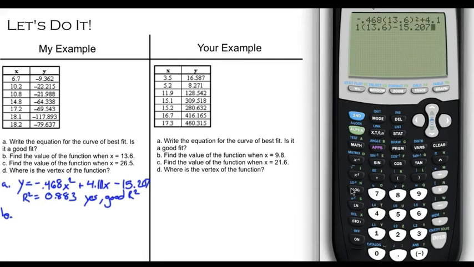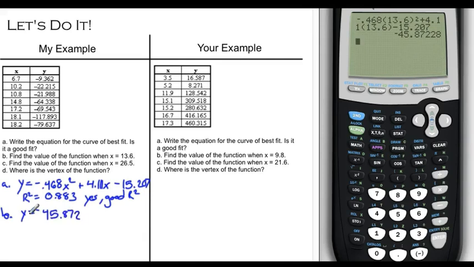The only thing you may want to do is write it down with that value substituted in if it helps you write it out better. Make sure you have the squared term right there. That's going to be something that some of you miss. And then I hit enter, and it gives it to me. So for part B, when x is 13.6, I can say that y would be negative 45.872.